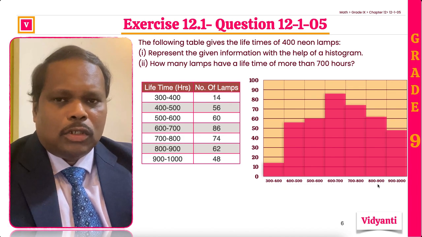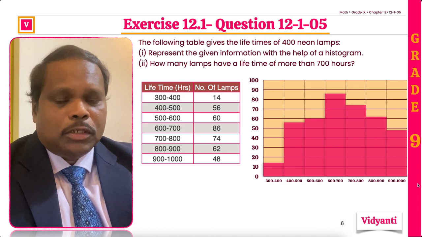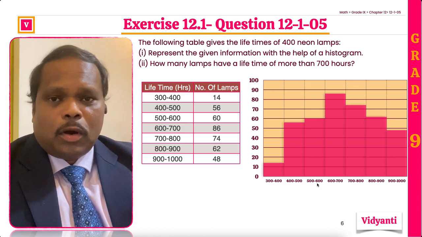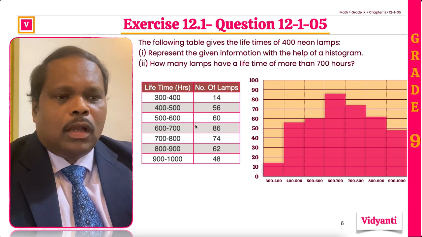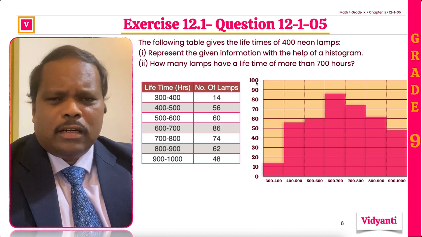You should not leave too much space, and you should not find insufficient space at the edge of the paper. So this is about the x-axis, which will have lifetime in hours. On the y-axis, we have the number of lamps, and the maximum is 86, so I will go up to, let's say, 100.